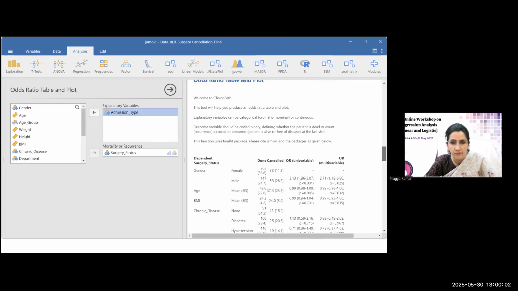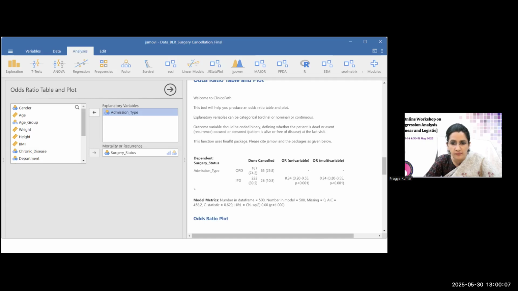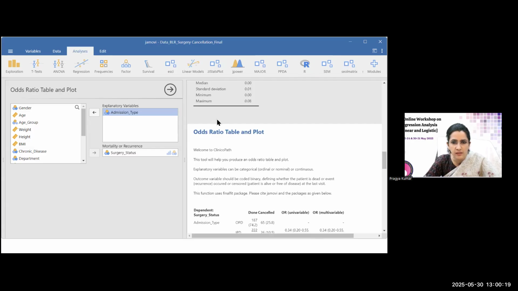Same will come. I don't know what mistake I did. OPD IPD, that is again admission type only. Let me check, just a sec.